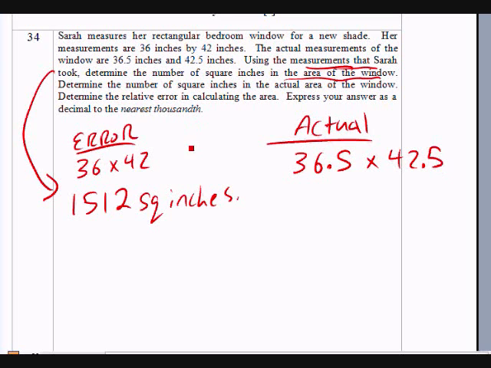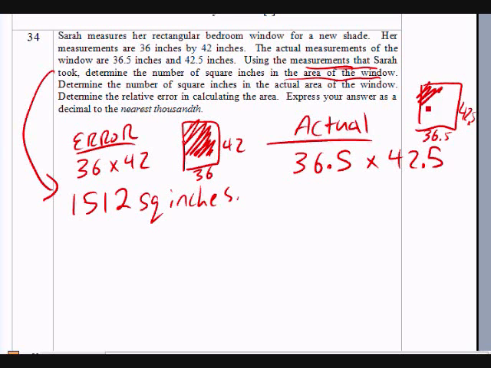Alright, if you guys want to see a picture, here's a picture too. Pretend this is a window, right? And the error window measurement was 36 by 42, and the actual one was 36.5, 42.5, okay? And what we're comparing is the area of the error and the area of the actual. Okay, and what do we have here? 36.5 times 42.5.